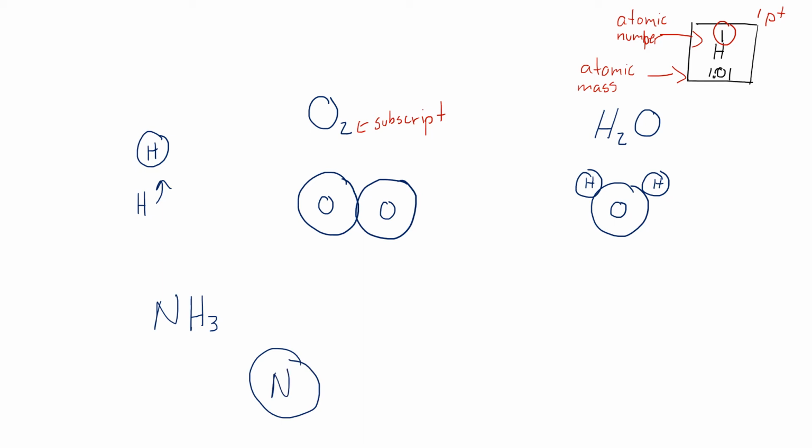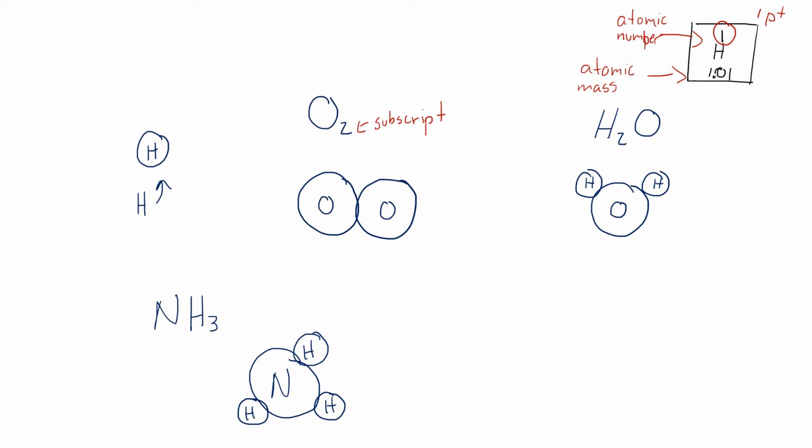For hydrogen, I see the subscript 3, so that means I have 3 hydrogen atoms, and they are all touching together because in my molecule I have 1 nitrogen and 3 hydrogens. This is a typical way that we would draw our Dalton models. If I'm just drawing the particular atom, it would be by itself. But most of the time when we're drawing our molecules, each circle represents a different element, with the subscripts telling us how many of that particular atom is in the molecule.